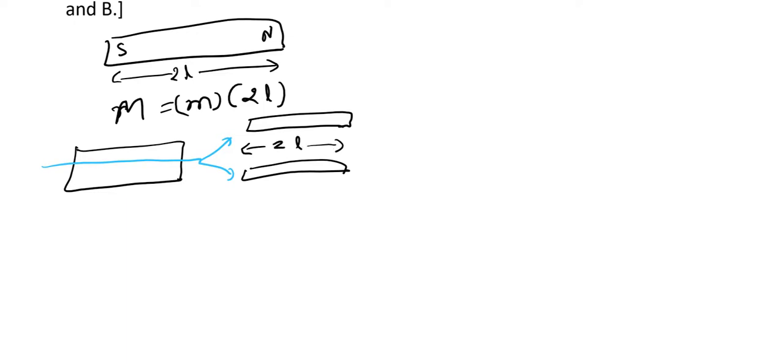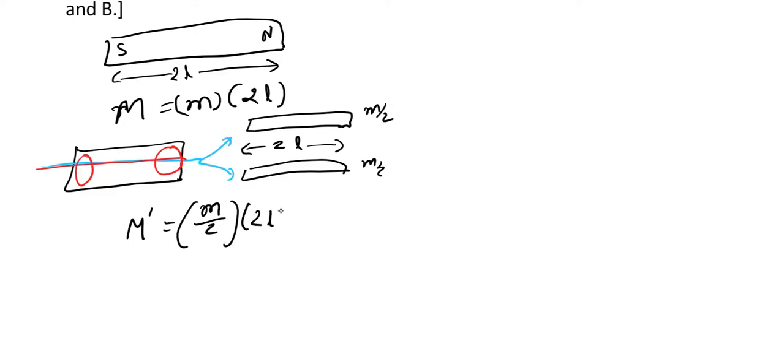What difference would it make? When you divide this along the length, you are dividing poles. So pole strength will become half, and the new pole strength will be m by 2. And so the new dipole moment, if it is m prime, I should take it as m by 2 into 2L, and that is previous dipole moment by 2.